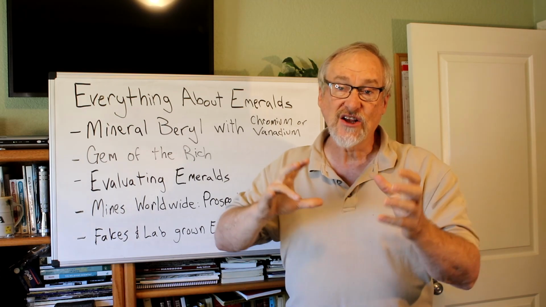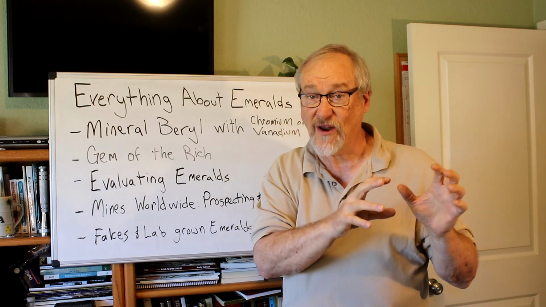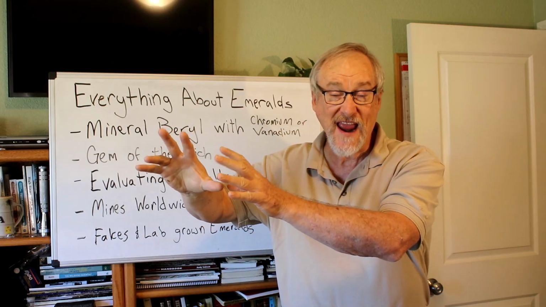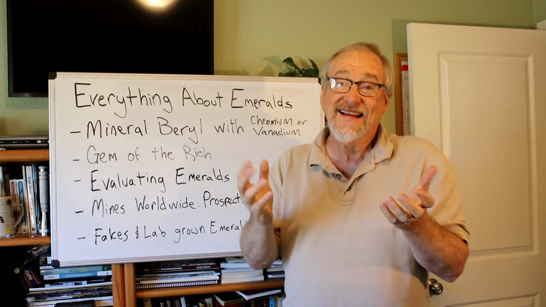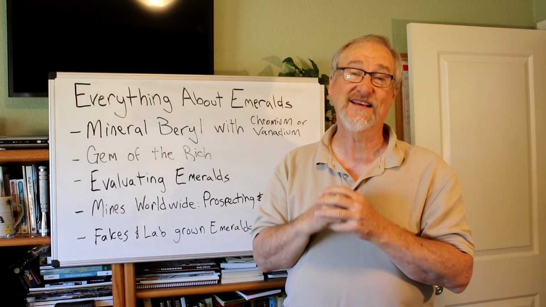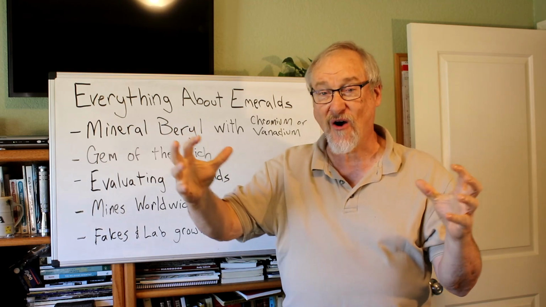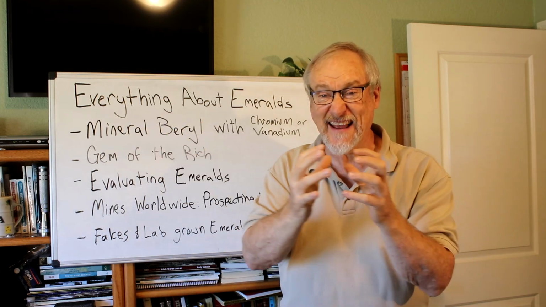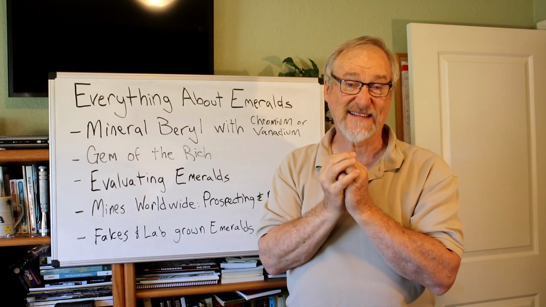In fact, the geology of beryllium and the geology of chromium and vanadium are so different that they don't normally occur together. And that's why emerald is a rare mineral, because you don't very often get those all together in one place.